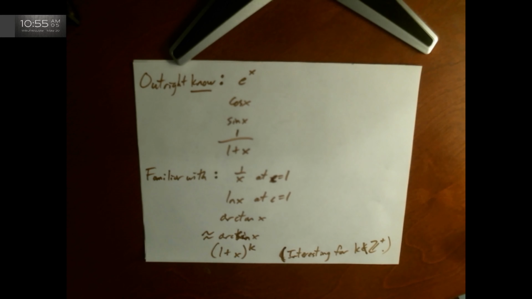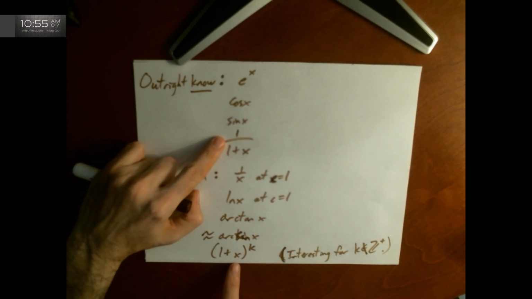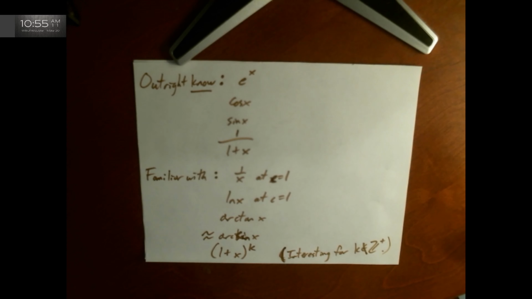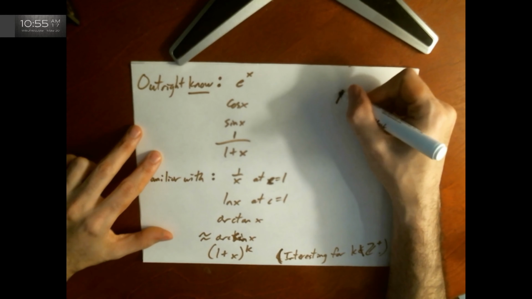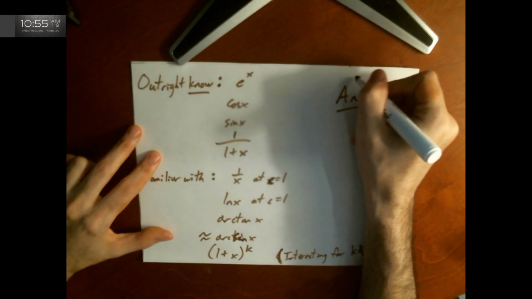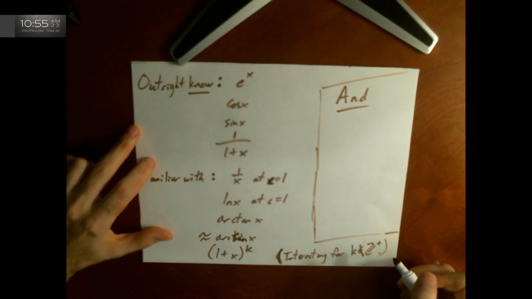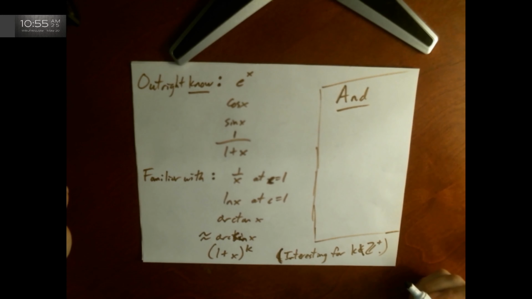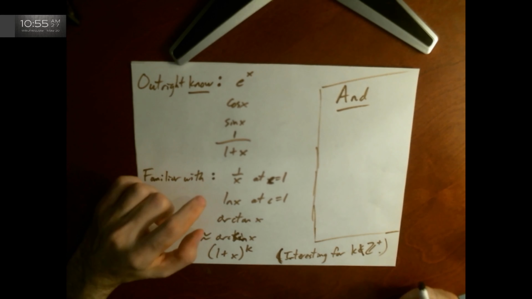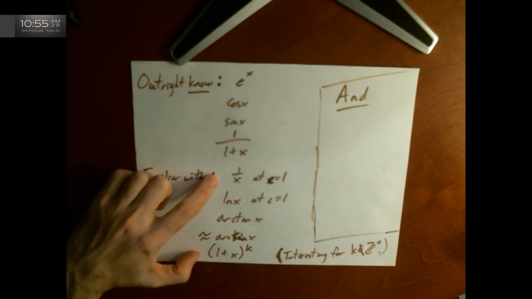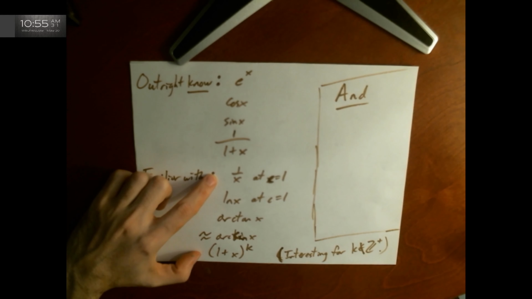Things like 1 over 1 plus x, when k is -1, you can make a Taylor series. And that Taylor series, the expression we'll get depends on k. These are in your book. However, I strongly recommend, in fact, I require as part of this course, for at least one of these, you need to derive the series yourself.